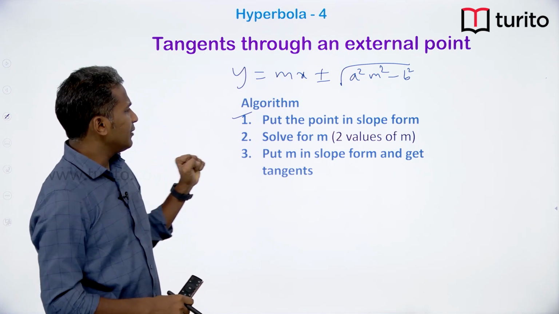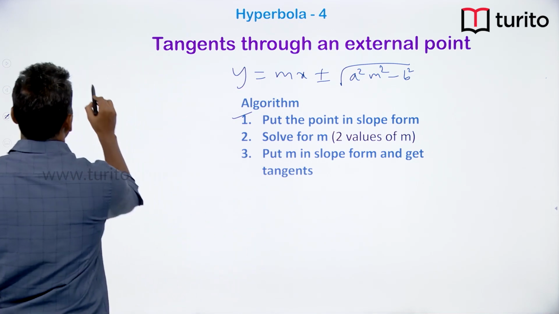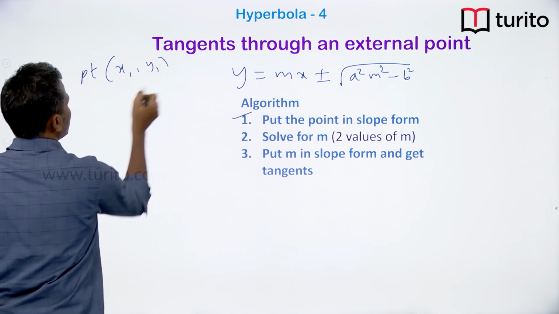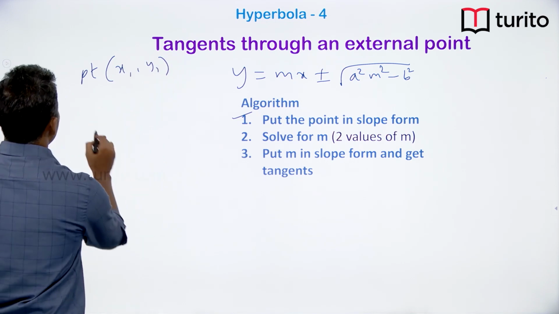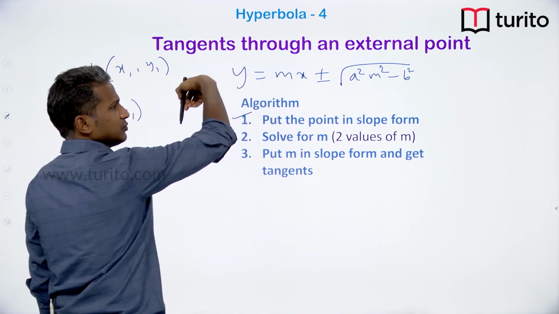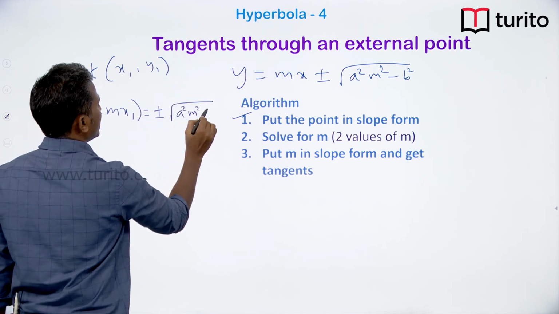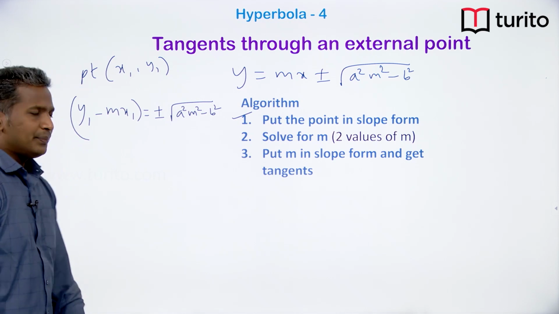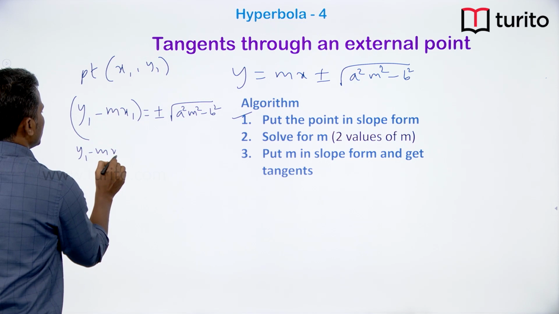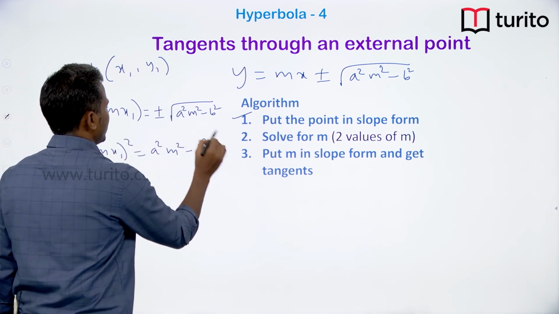Now, if you put the point in this, what do we get? Let us say I take the point as x1 comma y1. So, what do I get here? y1 minus mx1, basically I have taken the mx term to LHS, equal to plus minus root of a square m square minus b square. Now, when I square this, I will get y1 minus mx1 whole square equal to a square m square minus b square.